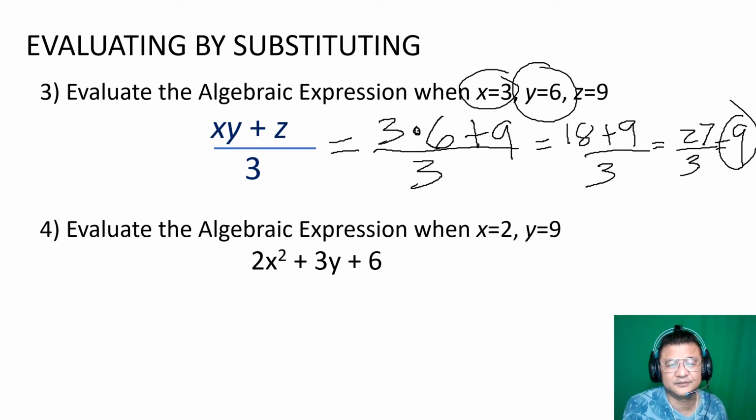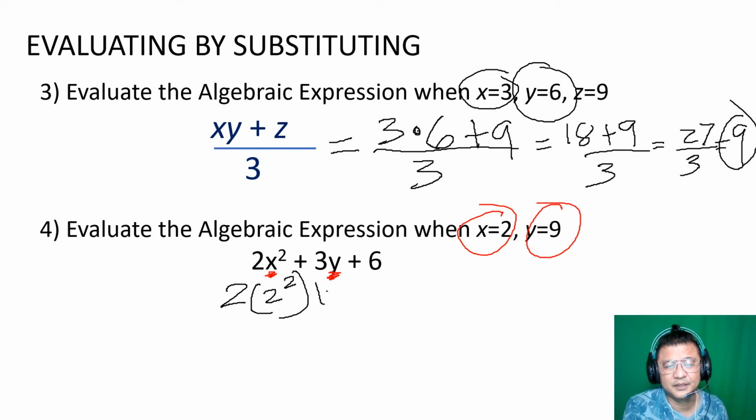Okay, now instead of writing x, I will write a 2. Instead of writing y, I will write a 9. Okay, so let's do that now. 2 times 2 squared plus 3 times my y is a 9. I copy 9 plus 6. Follow your PEMDAS.